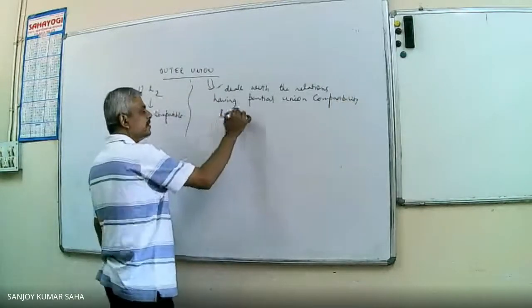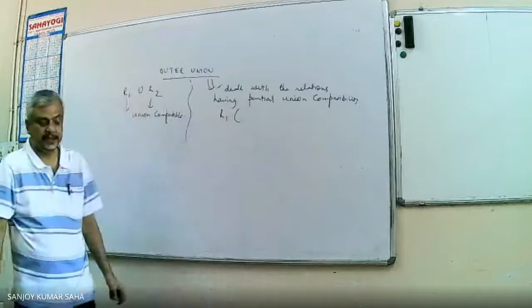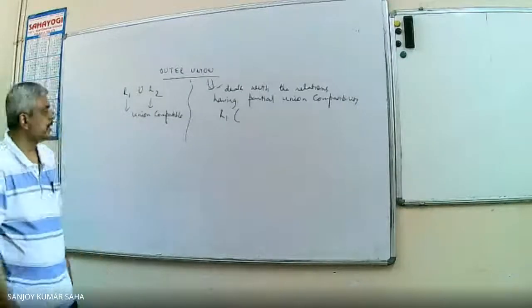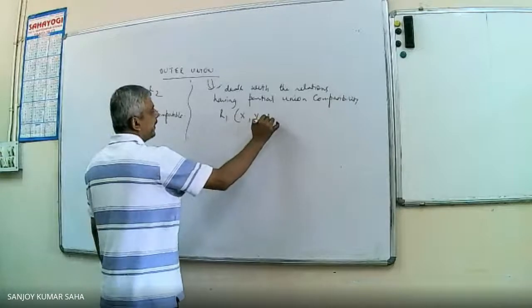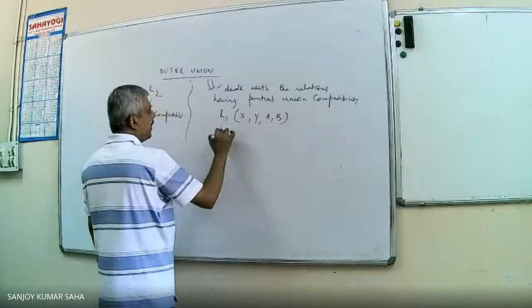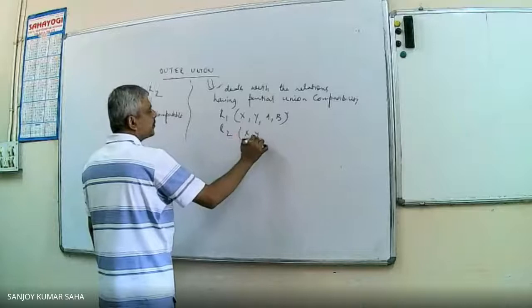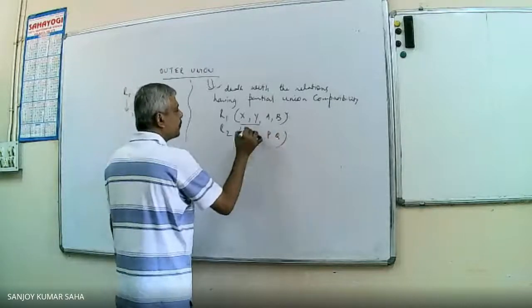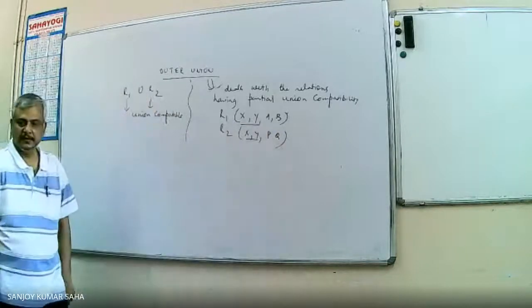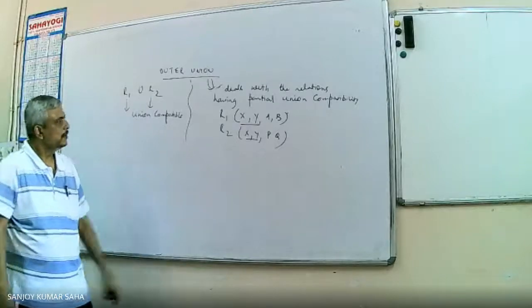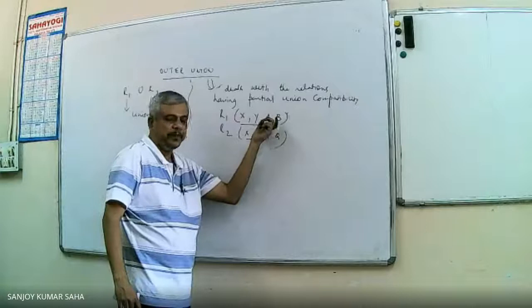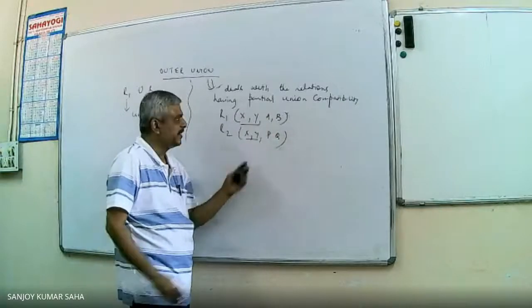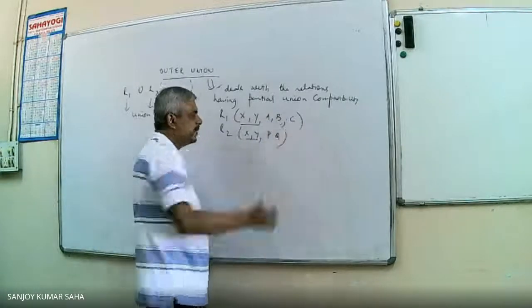Say two relations on which we want to carry out this outer union. Say R1 has X, Y, A, B, C and R2 has X, Y, P, Q. So part of the attributes are common, but they have some non-compatibility. They may be of different degree also, not necessarily the same degree.